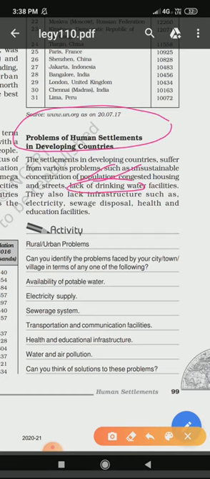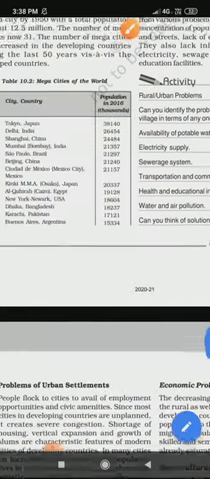And number 4, health and education, and next is roads. We can also see the roads problem, because sometimes we don't have all weather roads. So these are the important factors, especially people suffering from these kinds of problems.